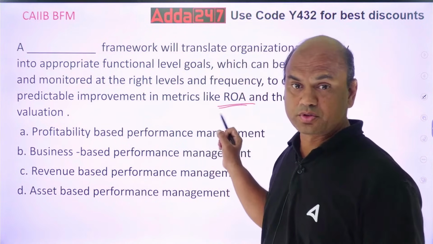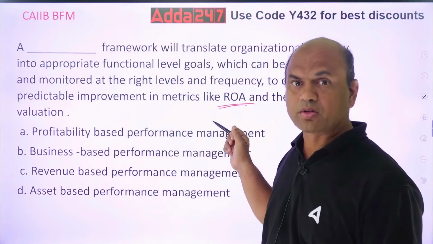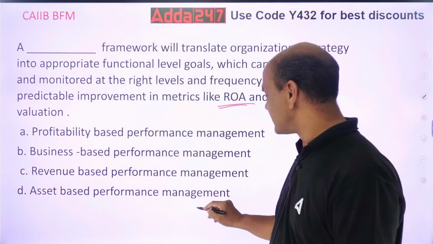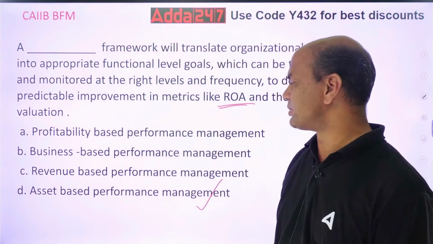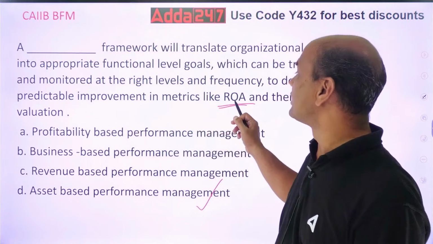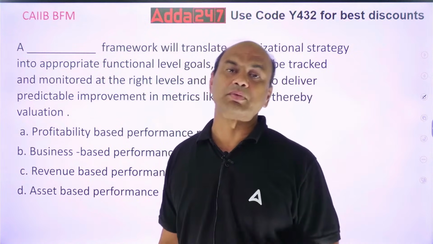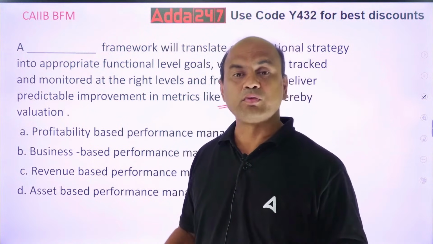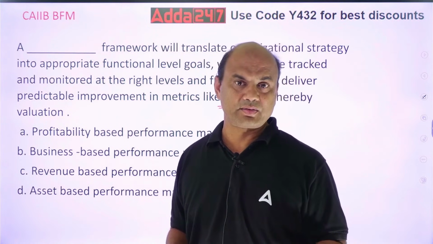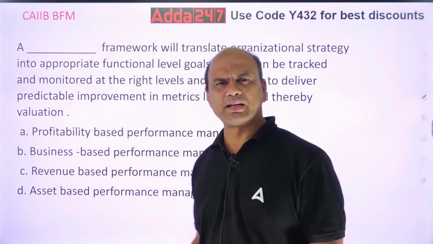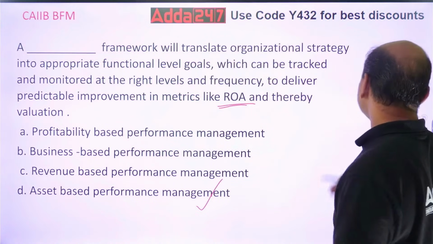For that you should know the full form of ROA. So the answer is asset-based performance management. What is ROA? What are my total loans and what are my total returns from that, the interest part? So that's basically ROA. Got it?